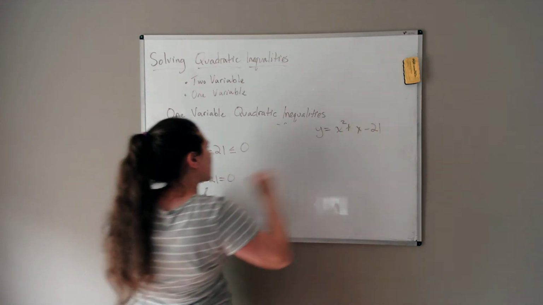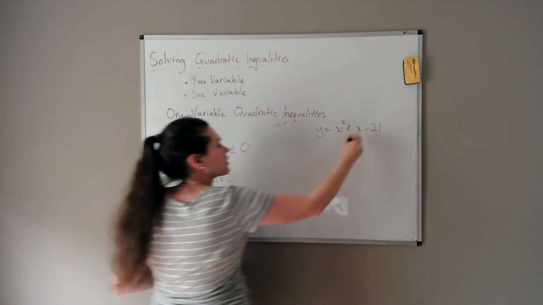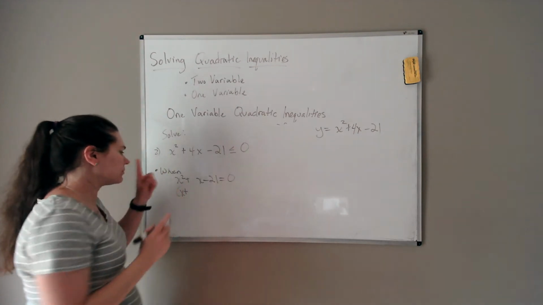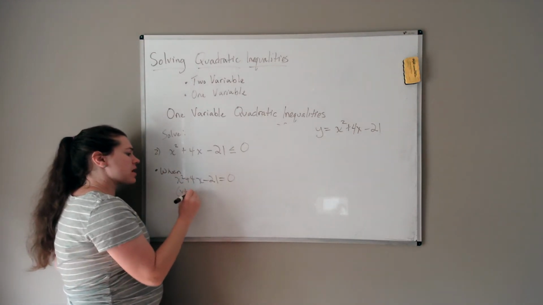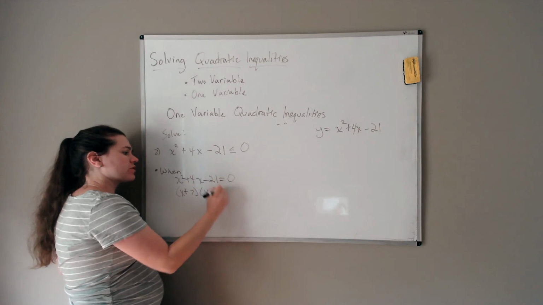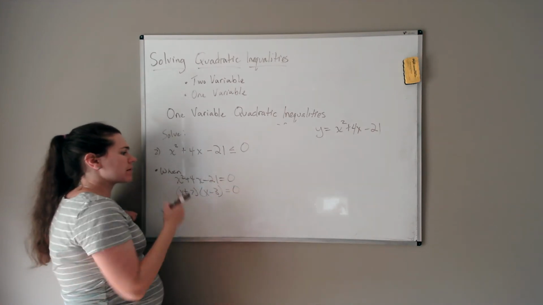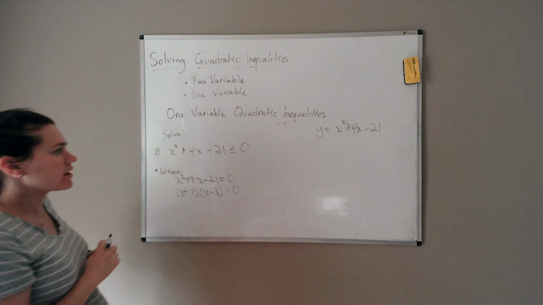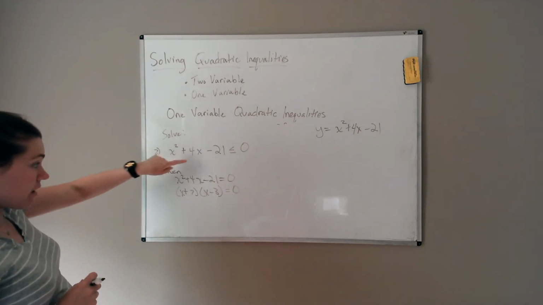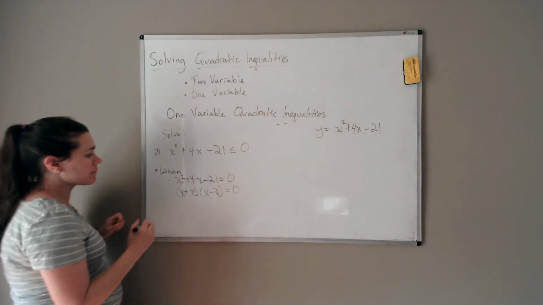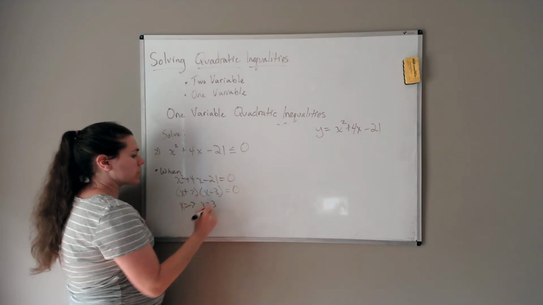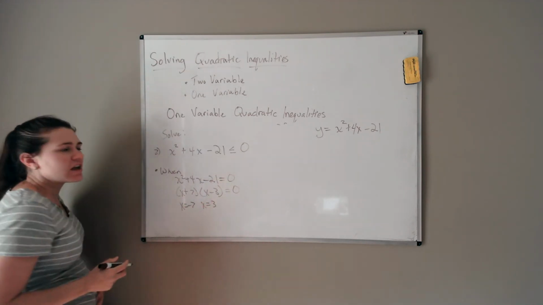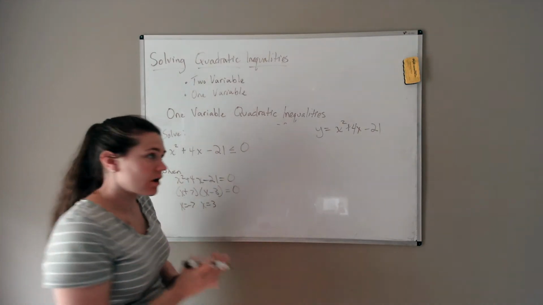Instead of 3x there, put 4x. Now it's factorable. So this will be x plus 7 times x minus 3 equals 0. Remember, if you just want to use the quadratic formula, you can, but I don't want to change that problem here, so this works. So this is -7 and this is 3. Those are the two values in which the output is 0.